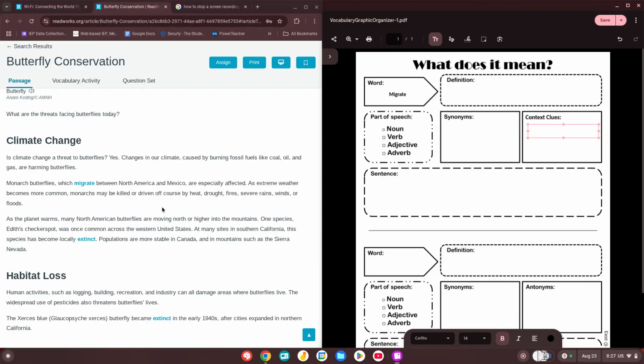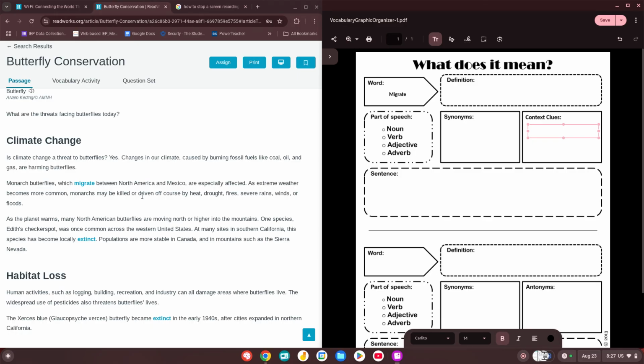I don't know if that means they're living between North America and Mexico, or if something's happening between those areas. So I'm going to read a little bit further, and pay really close attention to what could be going on. As extreme weather becomes more common, monarchs may be killed or driven off course by heat, drought, fires, severe rains, winds, or floods.